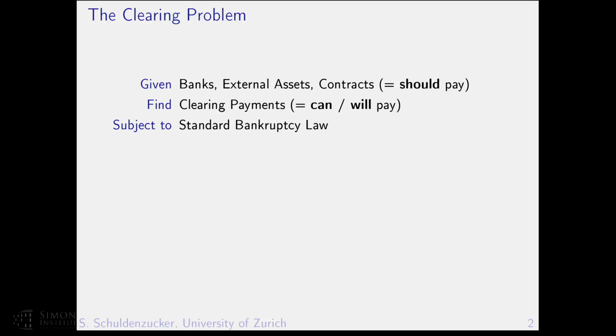For example, if I'm bankrupt, I have to pay out all I have to my creditors. I cannot keep anything for myself. These kinds of regulations. Just to make sure we're all on the same page, this is a static model. The contracts in our model don't have a built-in timing, and therefore the payments also happen all at the same time. So these are simultaneous.